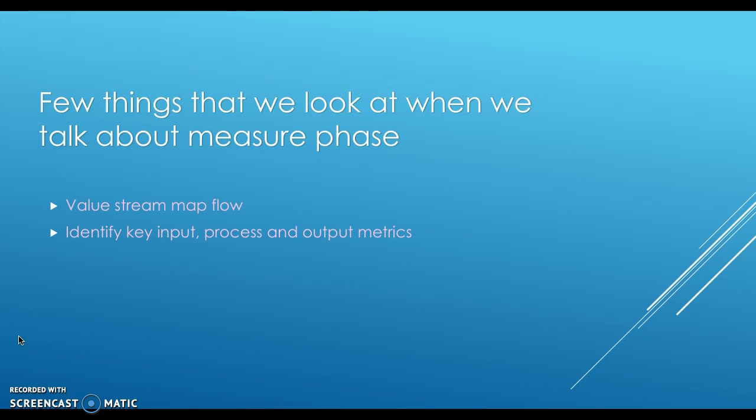Processes, your in-process data, when you're converting an ingredient to a product, what things are you measuring in your process, that's going to be covered under the process. And output is checking the attributes for your finished product, which would be covered under the output metrics.